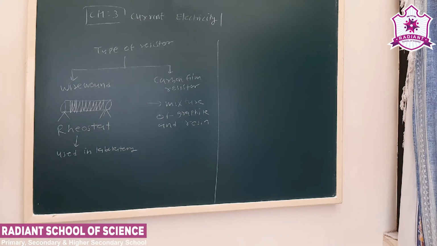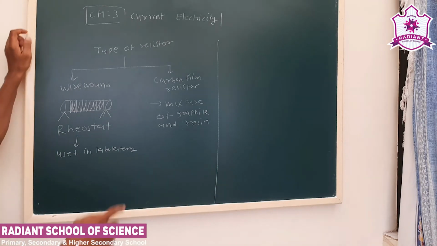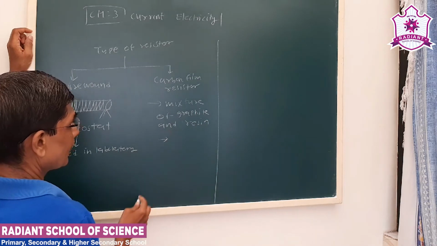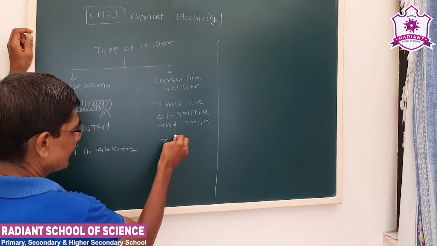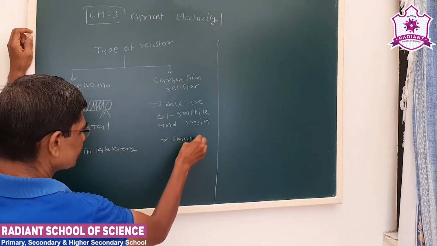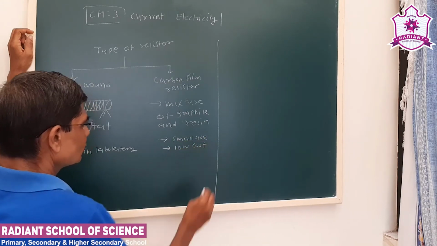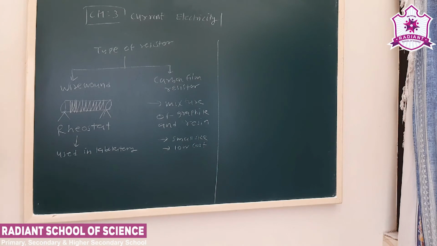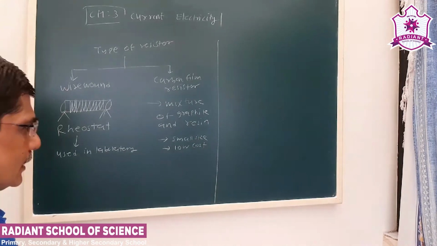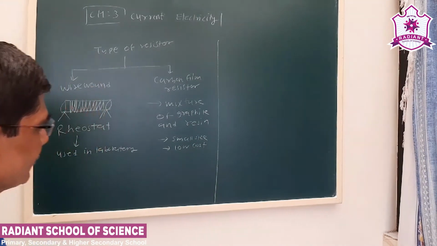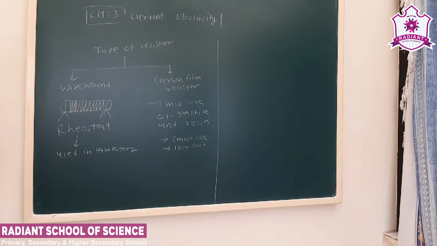Okay. So the carbon film resistor has a small size and low cost. So that's why they are most widely used in electronic circuits or electrical circuits.